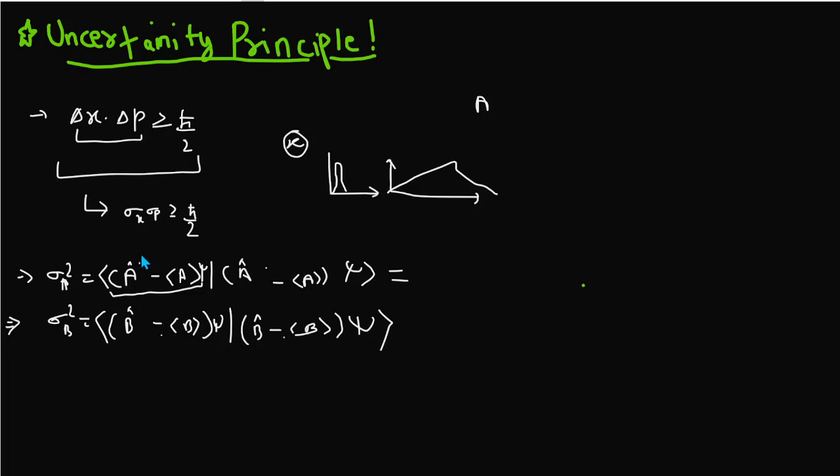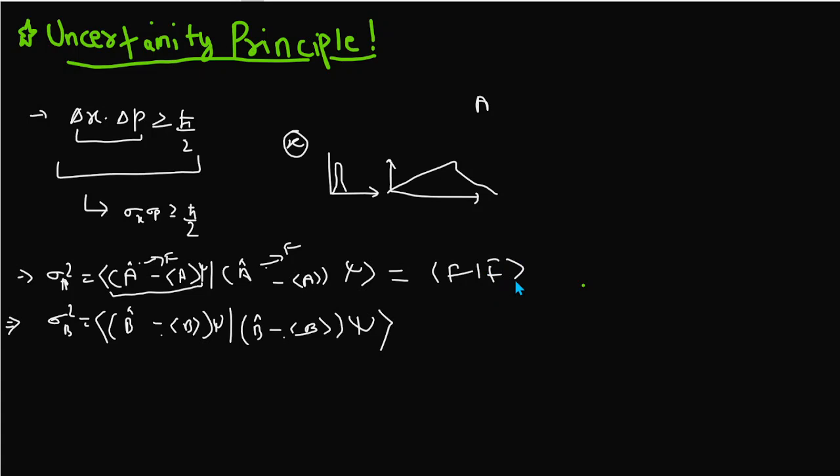It means I can imagine this particular quantity as F and this particular quantity as also F. It means here is the inner product of F with F, and that is called the norm. It means I can write this as the F inner product.